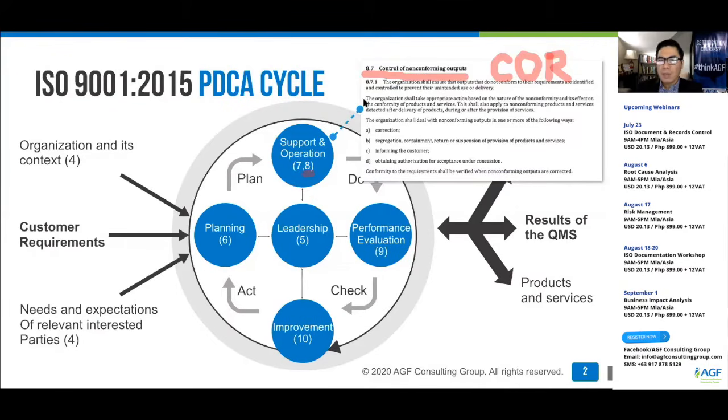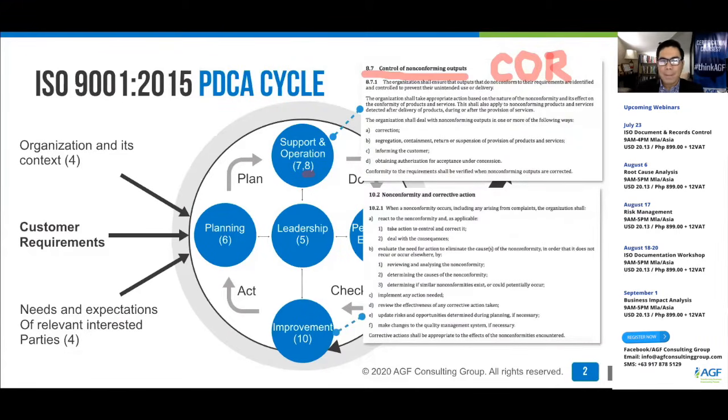So again, this is correction, 8.7. Now the other one, corrective action reporting, comes right here. These two are different: correction, and then corrective. You might have thought the difference is only in the spelling, but these two are actually different. So this is corrective action reporting, or we call it CAR.